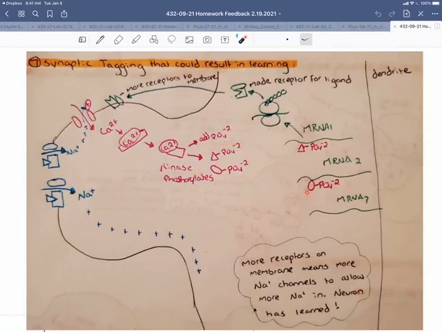These two proteins then interact in some way with a messenger RNA, and they wind up helping that messenger RNA get to a ribosome, move through the ribosome, we get a new protein, here's more receptor, and we strengthen our synapse.